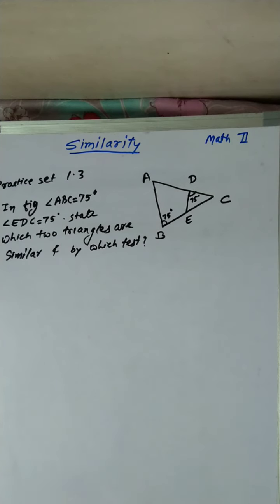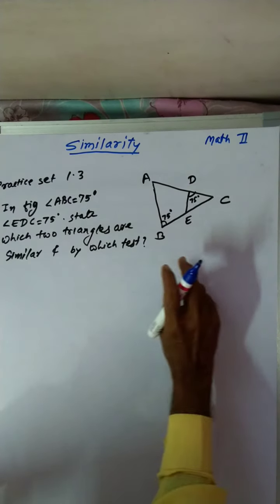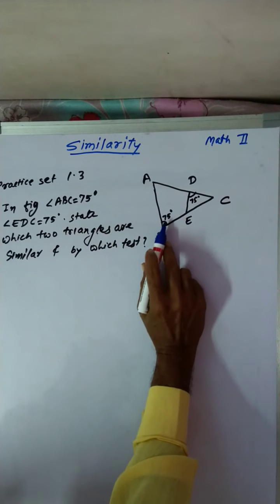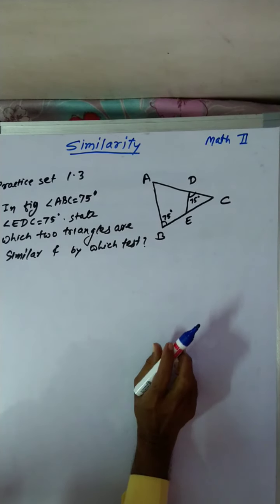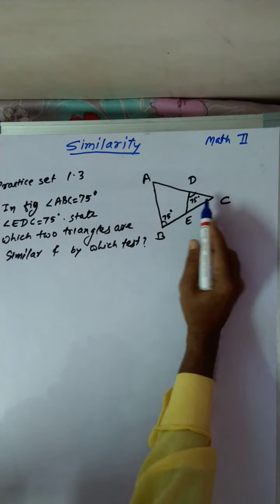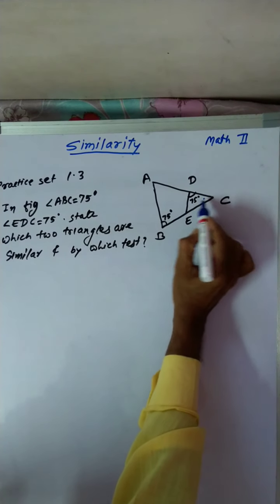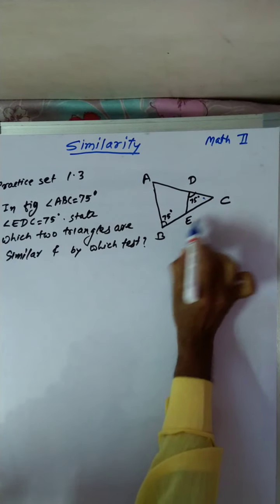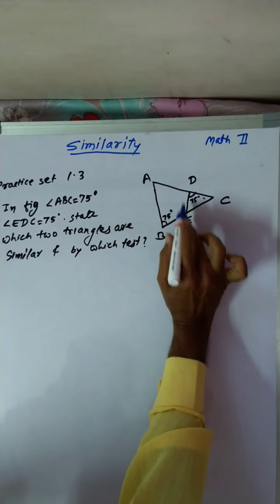Now first, how can we write the name of these two triangles? In these triangles, two angles are congruent. One is 75 degrees, given congruent, and angle C is common in both triangles, in triangle ABC and in triangle EDC.